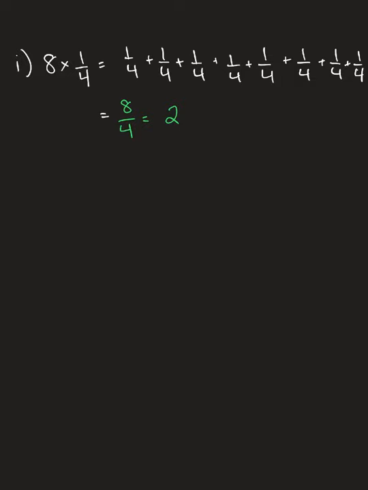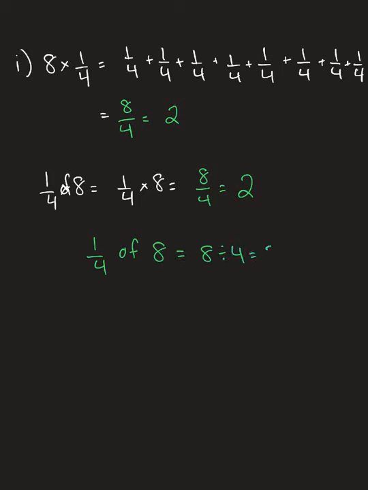Then the second way they get us to solve this is to go 1/4 of 8, which is the same thing as 1/4 times 8, which gives us 8 over 4, which is 2, right? We could also think of 1/4 of 8 as almost like 8 divided by 4, right?